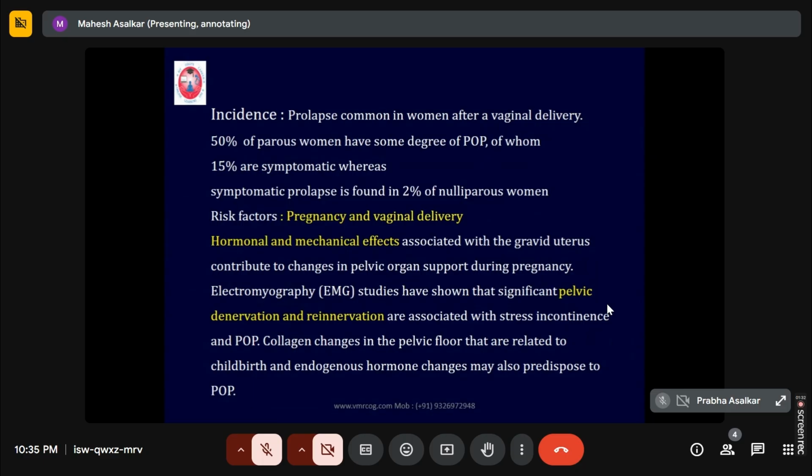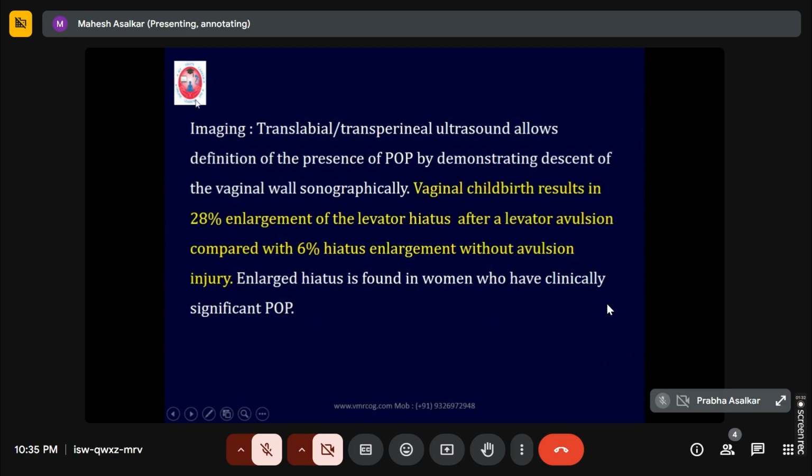Now coming to the imaging, what kind of imaging is required? You can do translabial or transperineal ultrasound. It allows the definition of the presence of pelvic organ prolapse by demonstrating descent of the vaginal wall sonographically. Vaginal childbirth results in 28% enlargement of the levator hiatus after levator avulsion, compared with 6% hiatus enlargement without avulsion.